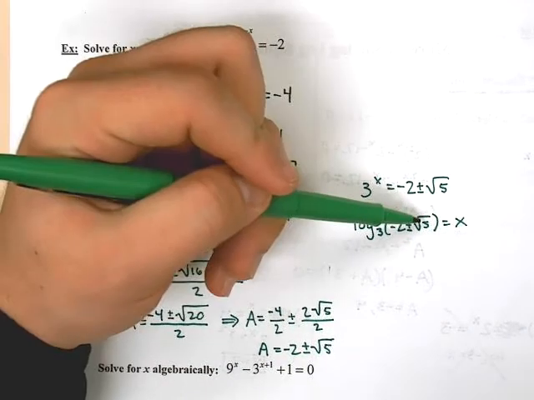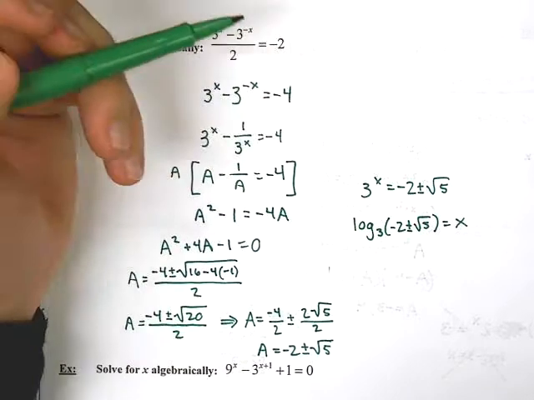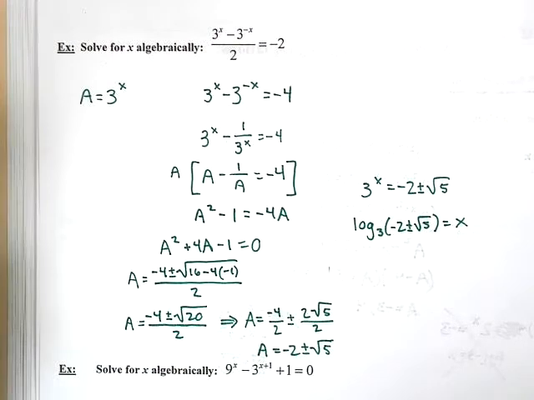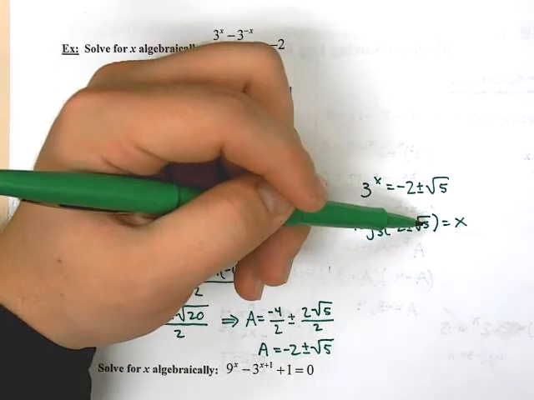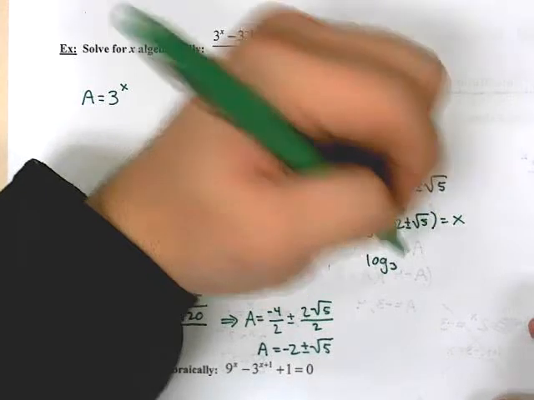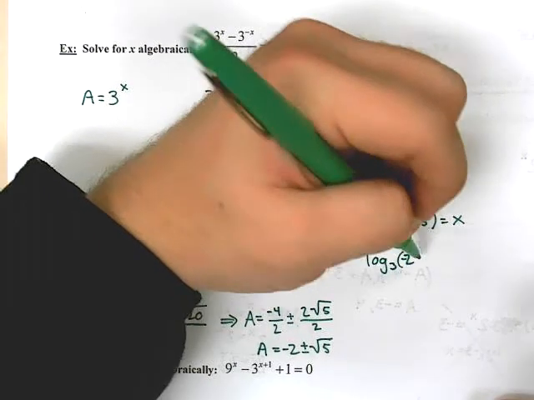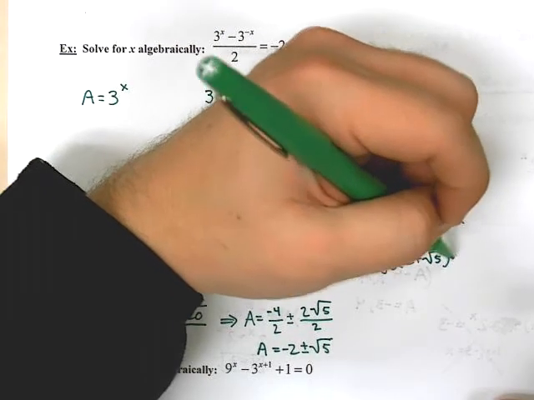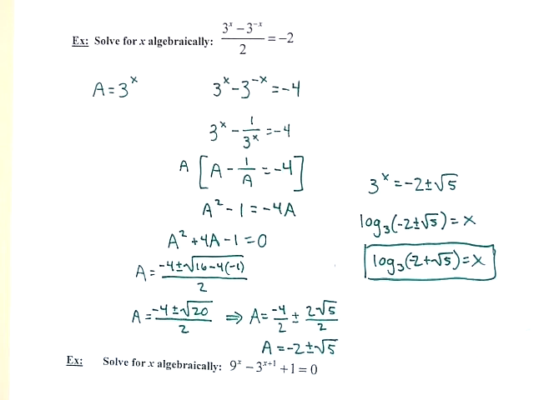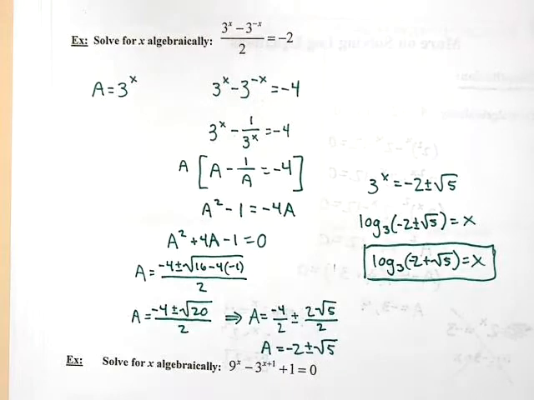I just need to know that it's bigger than 2. Because if it were exactly 2, then I would have an argument of 0. But because root 5 is bigger than 2, it's going to get positive, and we like that. That is all good in my book. All right, so we now know that our x value is log base 3 of negative 2 plus root 5.